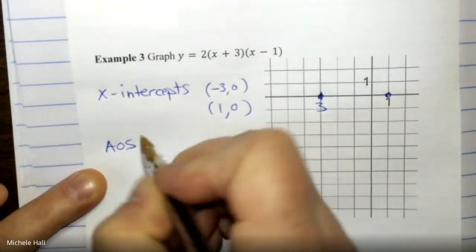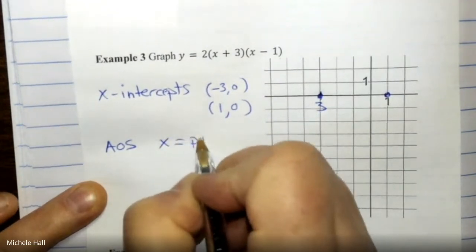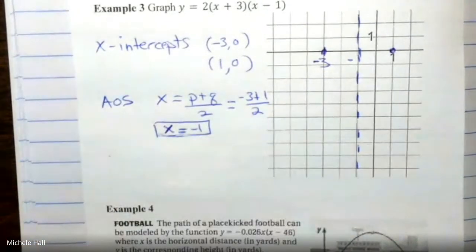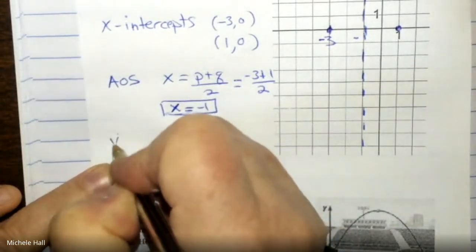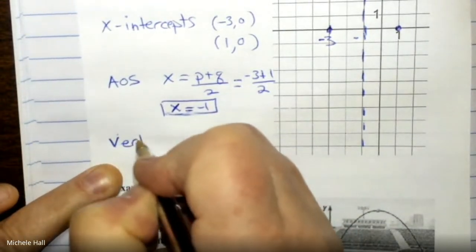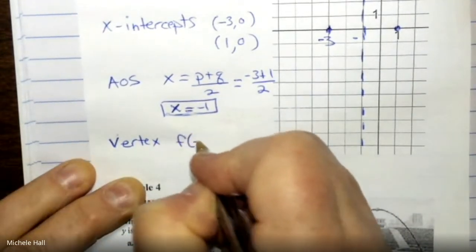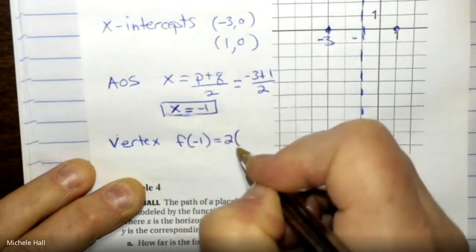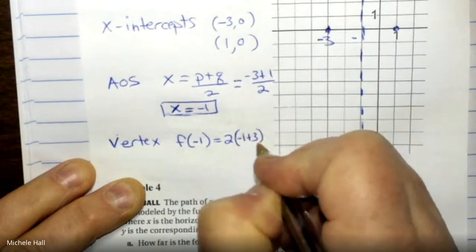The axis of symmetry here is going to be x equals P plus Q divided by 2. If our axis of symmetry is at -1, we know that the vertex will also be at -1. All we have to do is substitute -1 into the function to find the y value of the vertex.